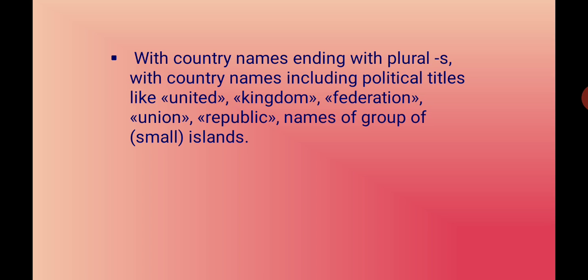If any country has this type of word in its name, at that time we use the before this type of country. And we use the before the small islands.